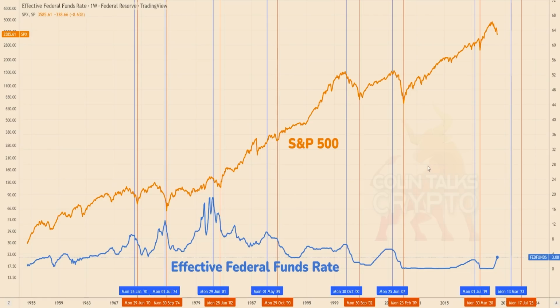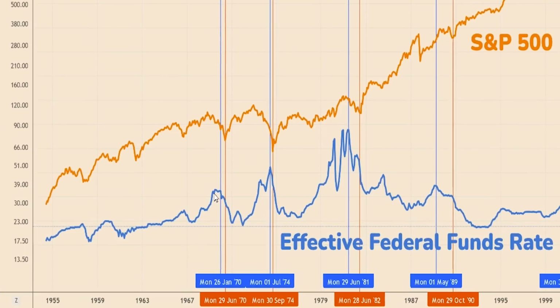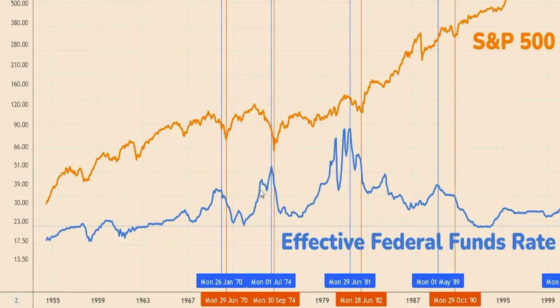All right, let's go back to this chart I've made for us here. Now you'll notice some vertical blue and vertical orange lines. The vertical blue line signifies every time the Fed basically stopped increasing the federal funds rate and it began to drop. You can see these examples here where the Fed was increasing the federal funds rate and then stopped and decreased it.